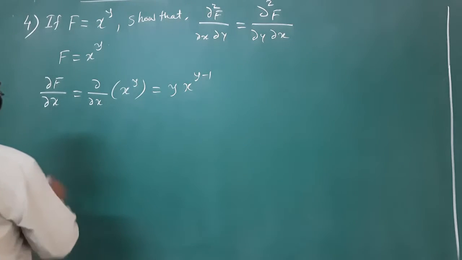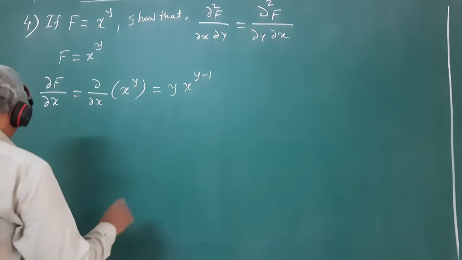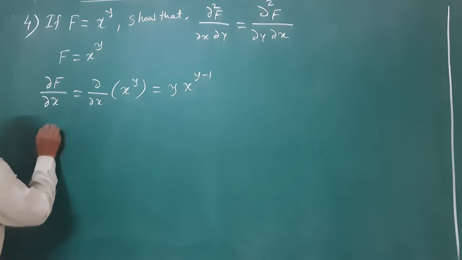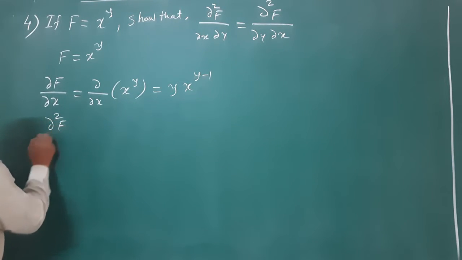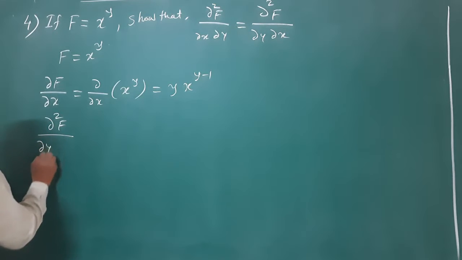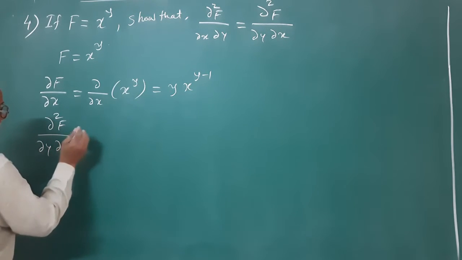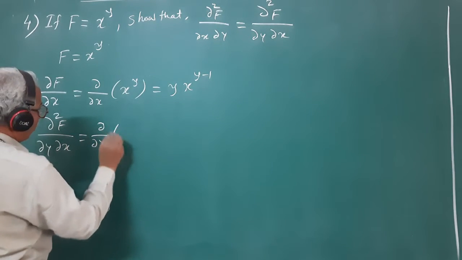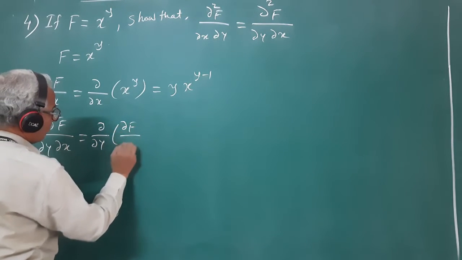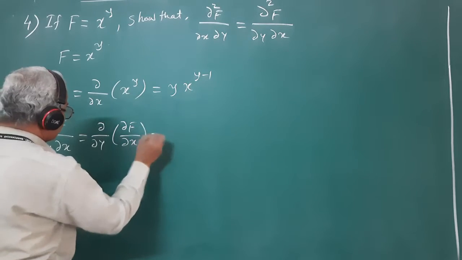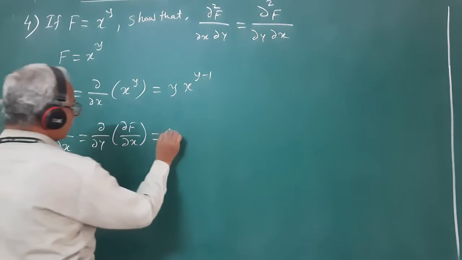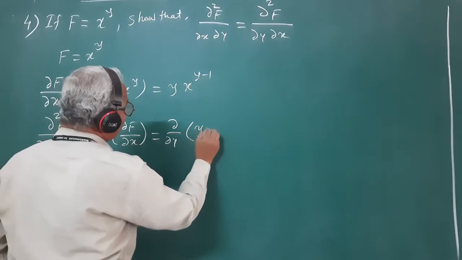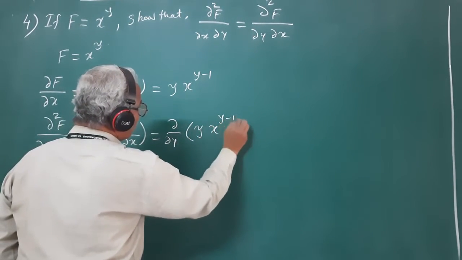So differentiating this ∂f/∂x partially with respect to y, we shall get ∂²f/∂y∂x, that is nothing but ∂/∂y of ∂f/∂x.